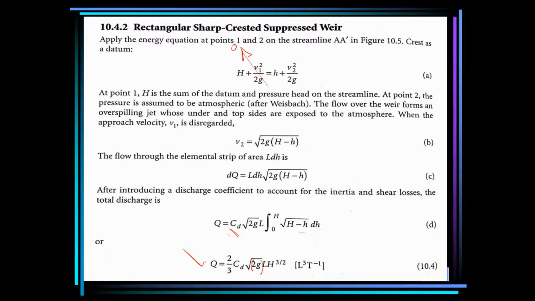But the first thing for all these hydraulic structures is to calibrate. Calibration entails finding the constant for those hydraulic structures. The constant for weirs is the coefficient of discharge. So one must know the coefficient of discharge of a weir.